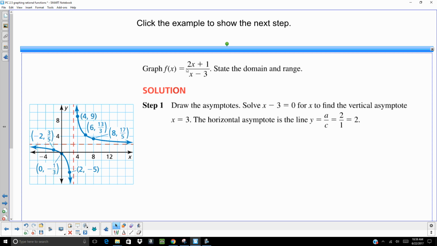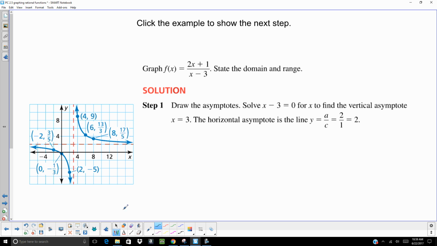The horizontal one is a little bit trickier. What you do is you look at your highest exponents here, the x's. You have 2x over x. If I were to reduce that, I would end up with 2 over 1, which is 2.